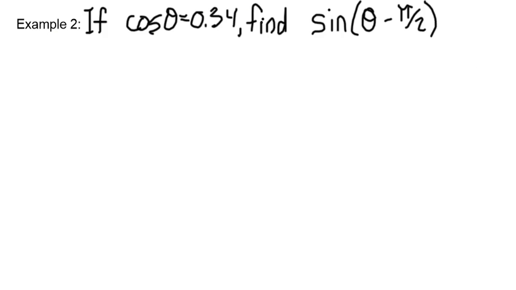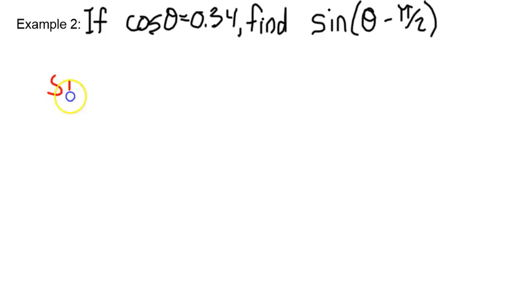Example 2, if cosine of theta equals 0.34, we want to find the sine of theta minus pi over 2. In this problem, we're actually going to have to use two different trig identities. First identity we're going to use is knowing that sine is an odd function. So we have to use that odd identity, which means we take the negative of everything that's inside the parentheses.